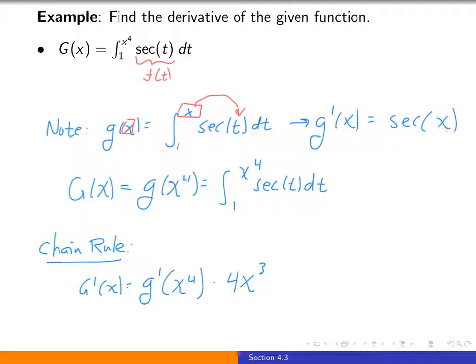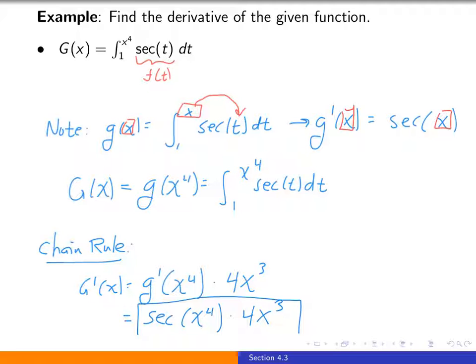So instead of plugging in an x, whatever goes in the box for x on the left goes in the box for x on the right. So this would be secant of x to the fourth times 4x cubed. And that is the desired derivative. And this can be generalized very nicely. All we've done here is apply the chain rule.